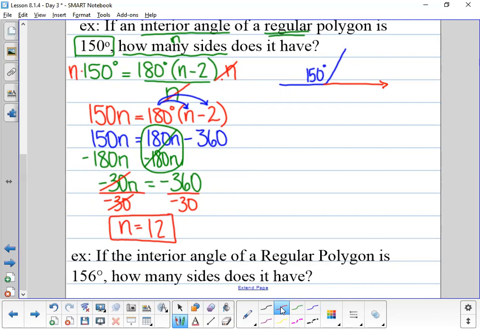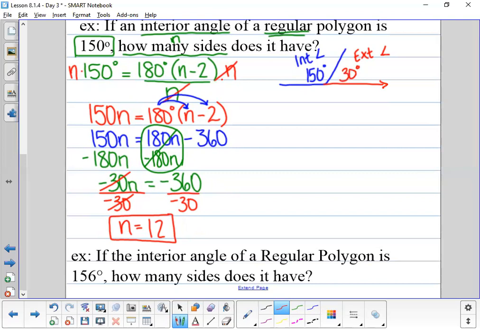It's going to add up to 180 because they form a straight line. So they're a straight angle pair. So that means that if I know that my interior angle is 150 degrees, I can find my exterior angle by doing 180 minus my interior angle. If I do 180 minus 150, I get 30.